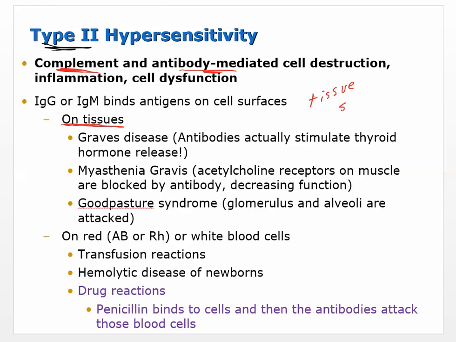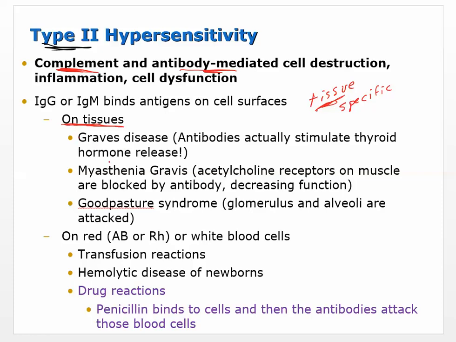But this is tissue specific, and that makes sense because it's antigen specific. It's actually finding a particular antigen and attacking it. So if a tissue expresses that particular antigen, then that's the tissue it's going to attack.